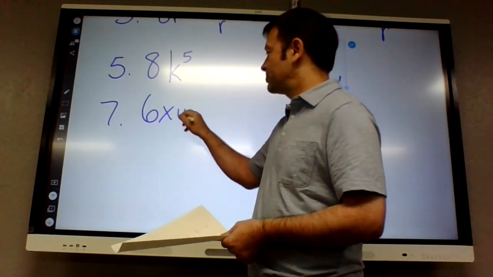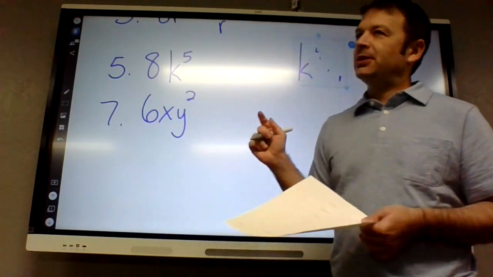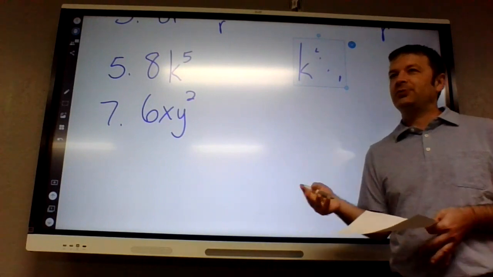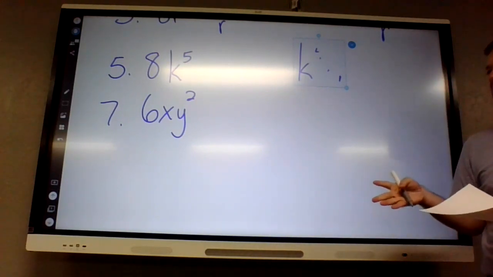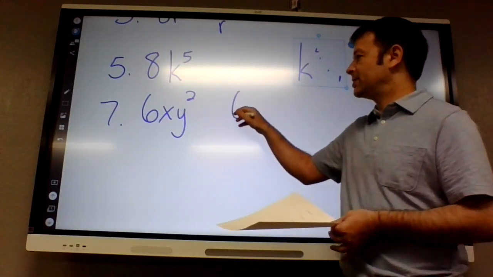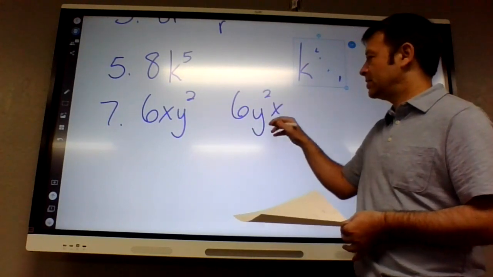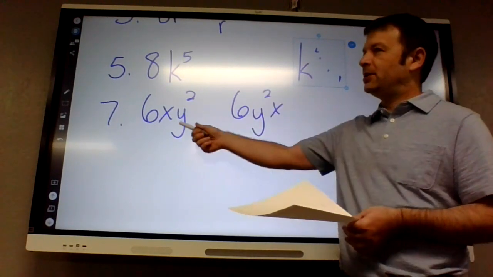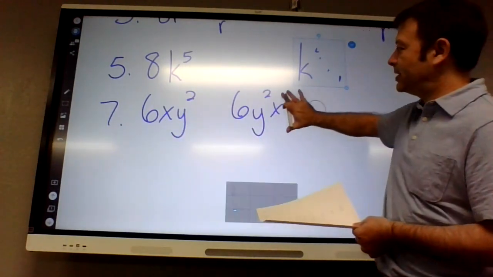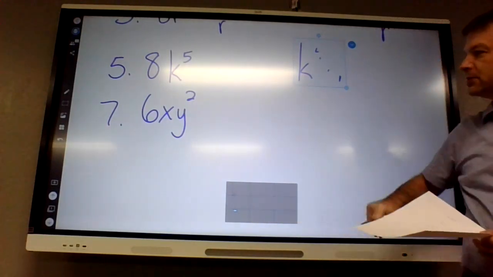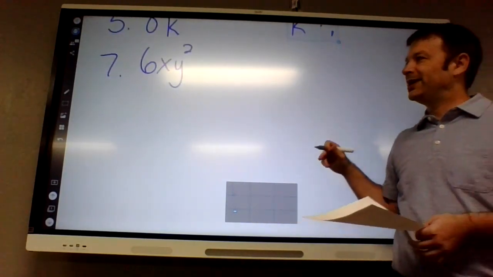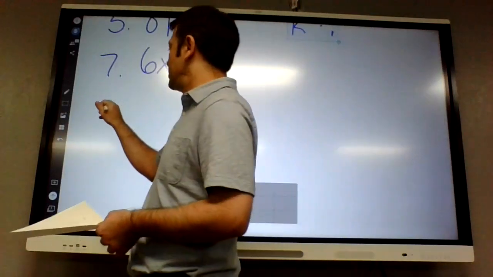Just write xy squared down. Okay, I changed it to alphabetical order because that's what the books always do. Is that the same thing, do you think, as 6y squared x? Yes. But when I read it, it'll always be in alphabetical order, like the answers. But order of multiplication does not matter, so it doesn't change the value.